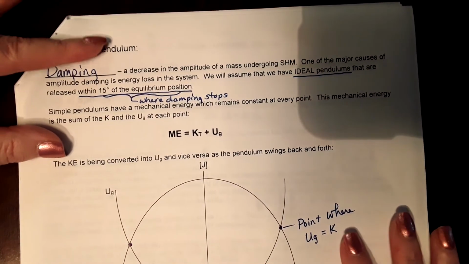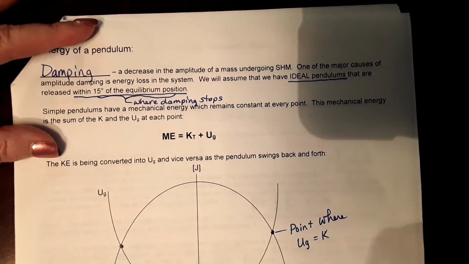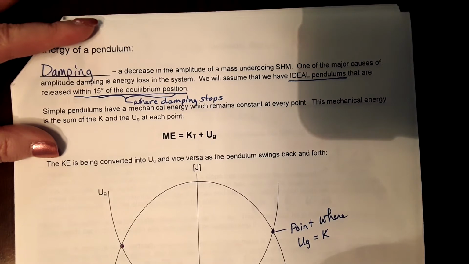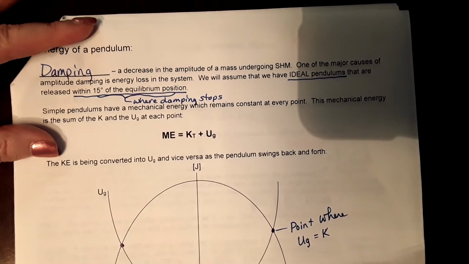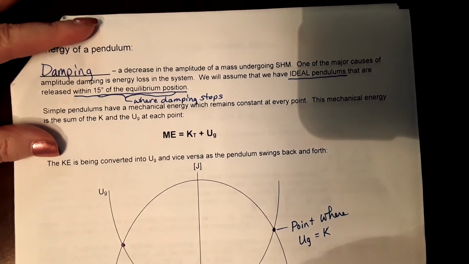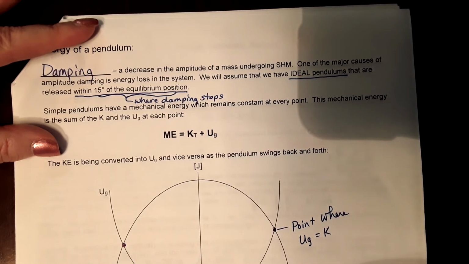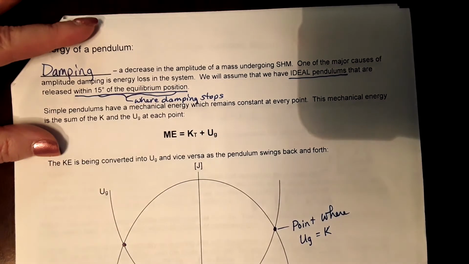You'll notice that when we pull a pendulum bob back to release it, we pull it back an angle theta, an angular displacement. There is a little problem with that. If you pull the bob back more than 15 degrees of angular displacement from equilibrium, you get an interesting effect called damping.